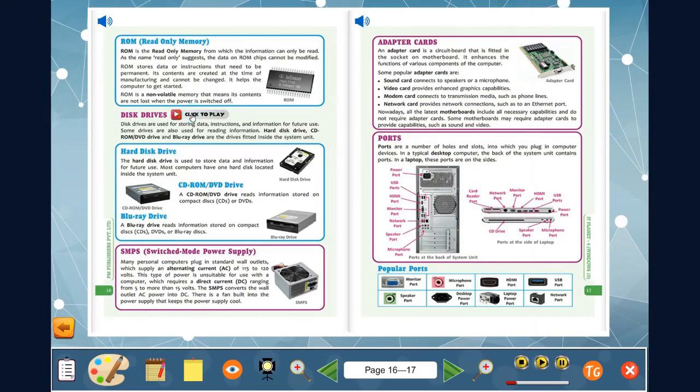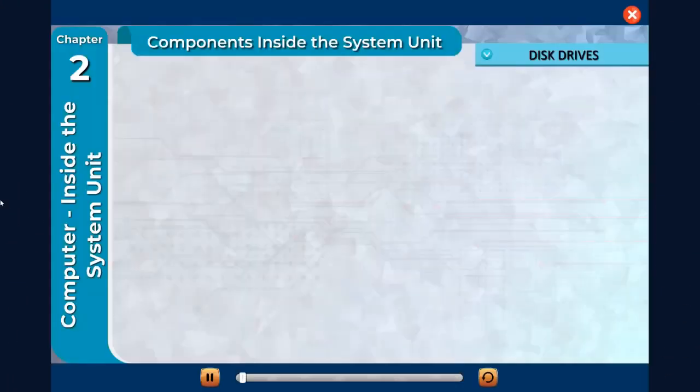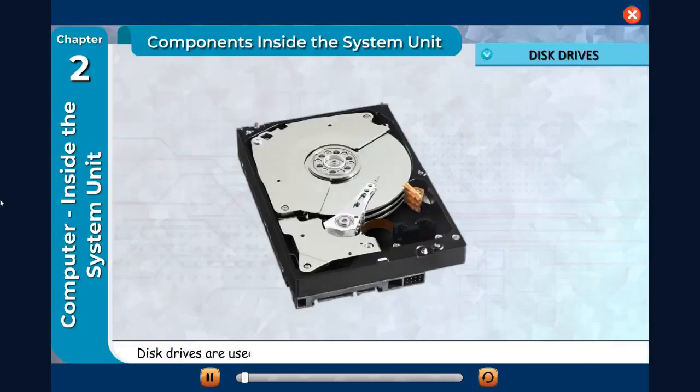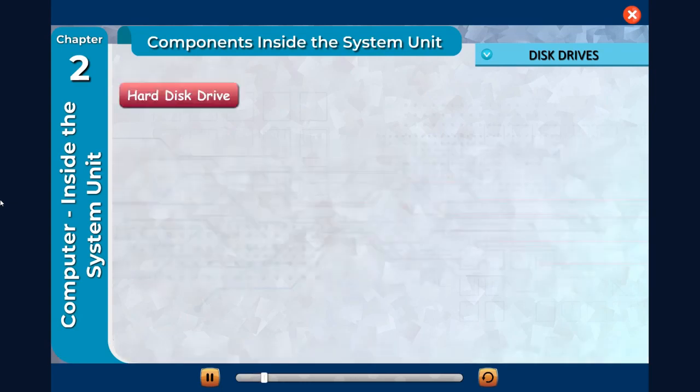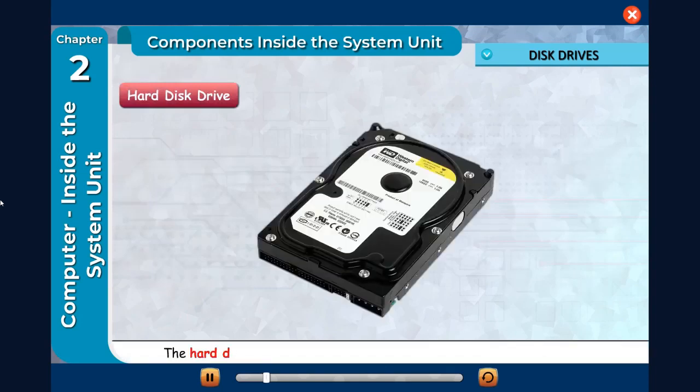Drives. Disk drives are used for storing data, instructions, and information for future use. Some drives are also used for reading information. Hard disk drive, CD-ROM, DVD drive, and Blu-ray drive are the drives fitted inside the system unit. Hard disk drive. The hard disk drive is used to store data and information for future use.